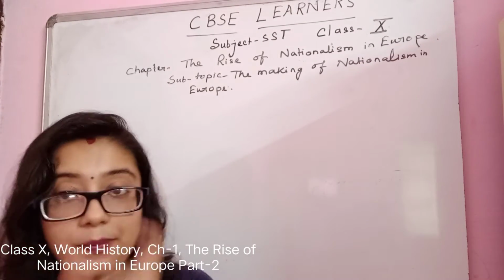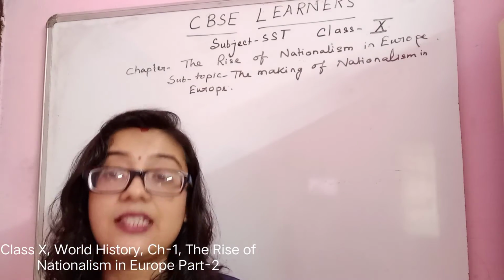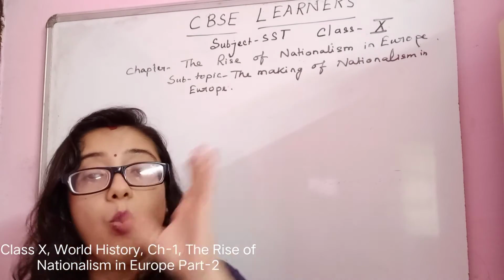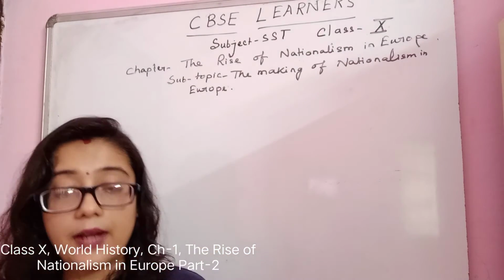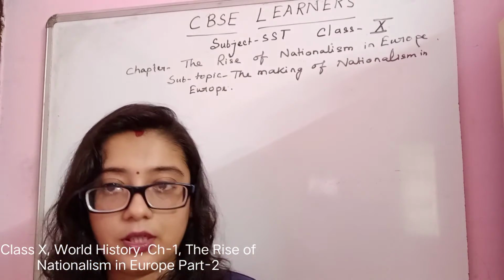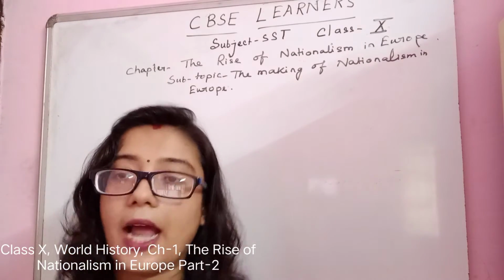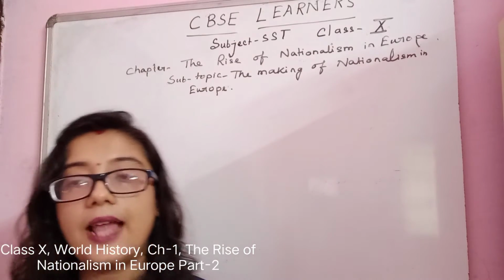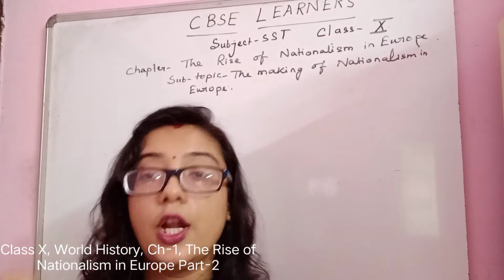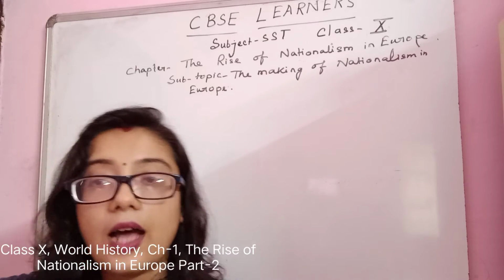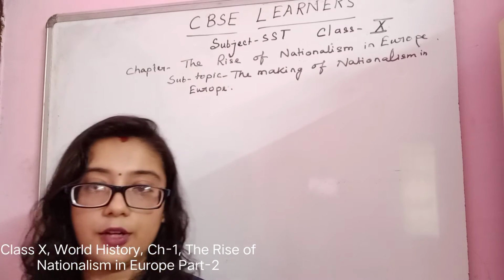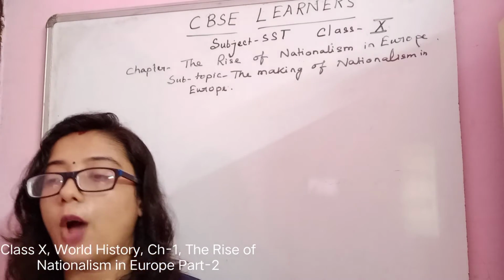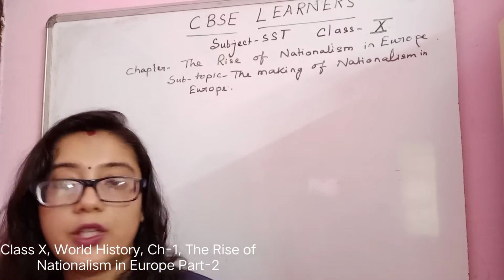Landed aristocracy means aristocrats by birth, who were born into this position. So socially and politically this landed aristocracy was the dominant class, and by birth only they were dominant. They were dominating the other people of the country. They had that nature, they could dominate the other people of the country.